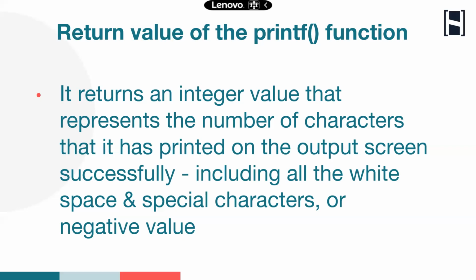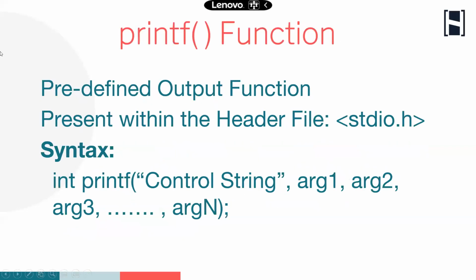What does this integer number represent? Integer, you know, int data type, whole number. That is why, when we look at the syntax of printf, it is given as int printf. Here this int represents the return value of the printf.